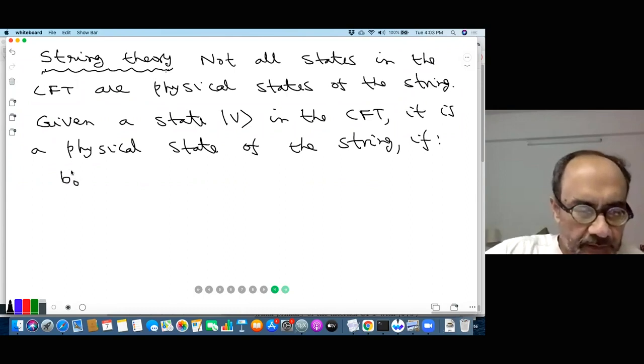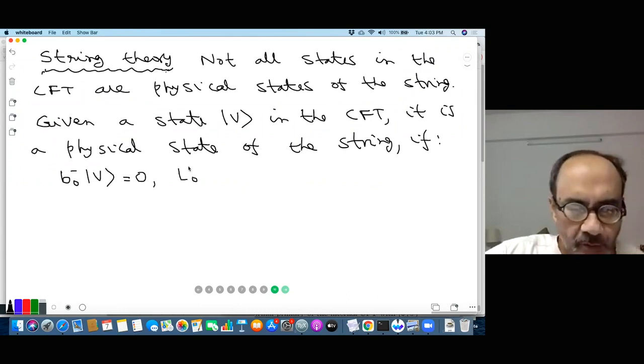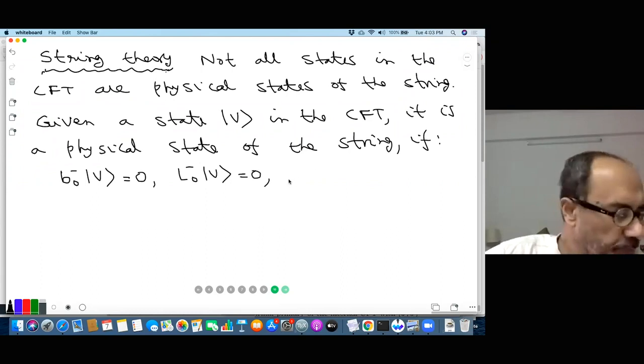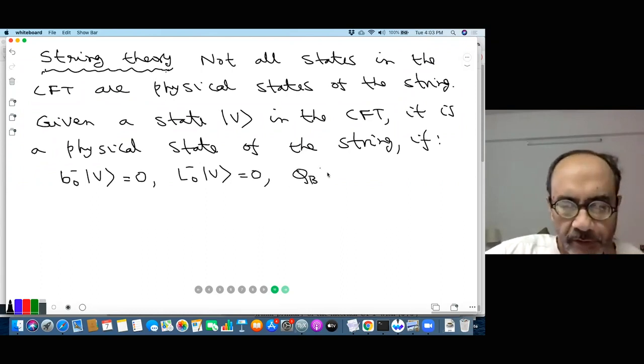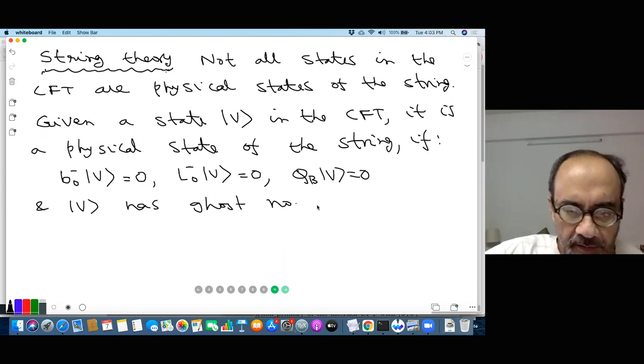If B0 minus on V equals 0, L0 minus on V equals 0, QB on V equals 0, and V has ghost number 1 or 2.